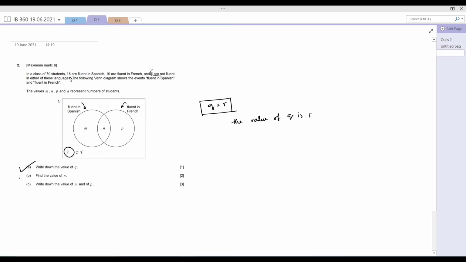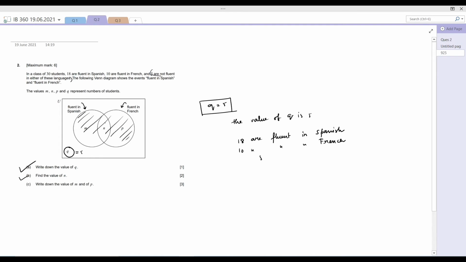Now find the value of N. How will we calculate the value of N? It is very simple. If we add these two circles, 18 are fluent in Spanish, then 10 are fluent in French.